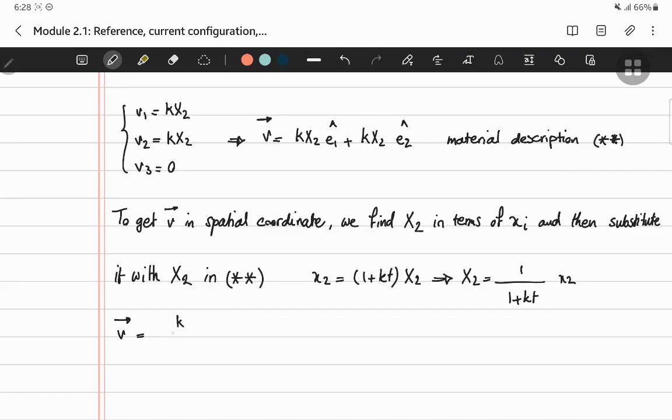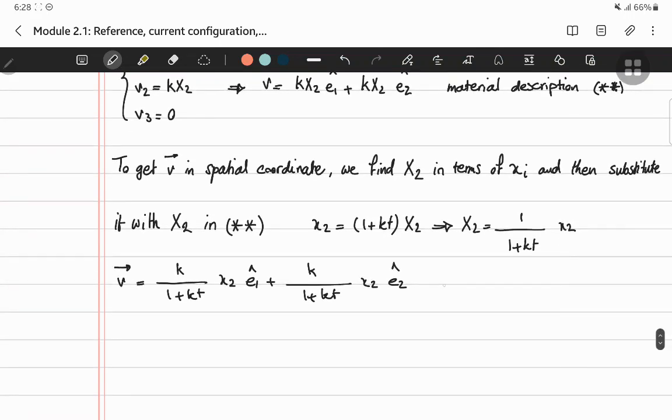So it is basically k divided by 1 plus kt, x2 e1 plus k times x2, which is 1 over 1 plus kt, x2 e2. Great. Then this is the velocity in the spatial description.